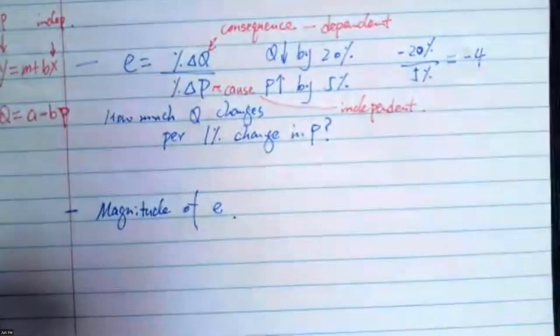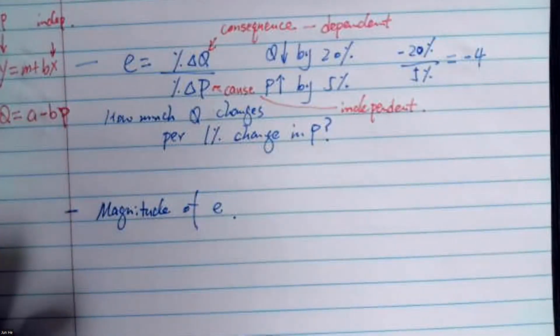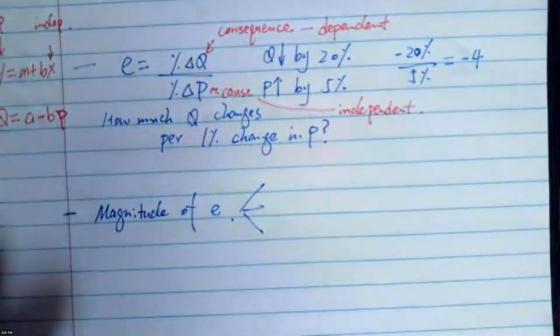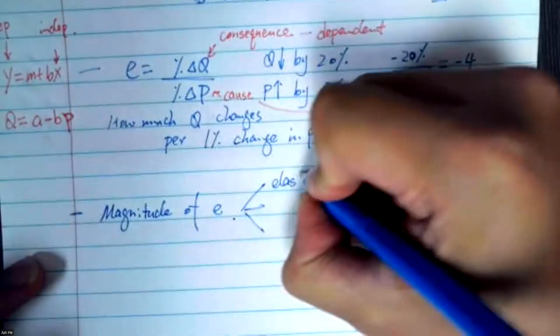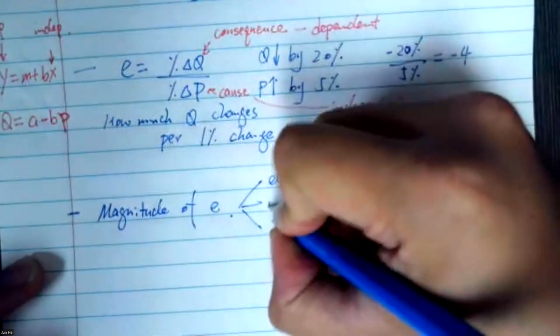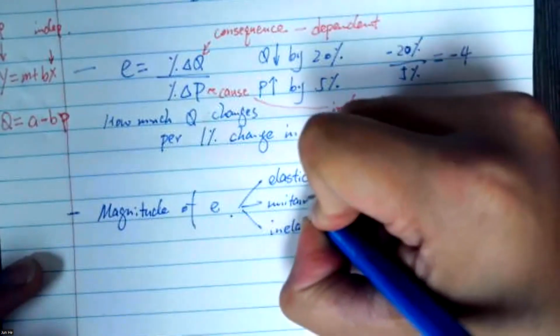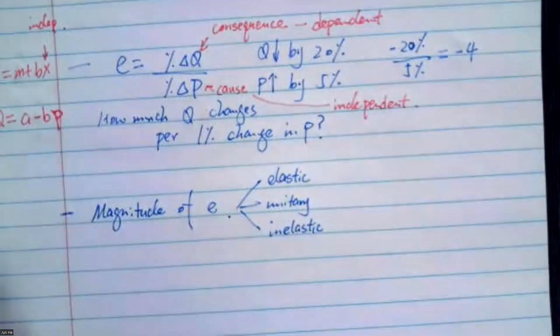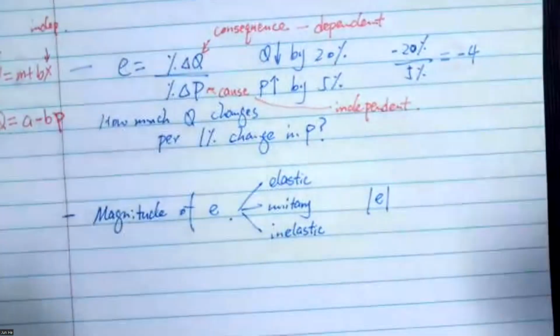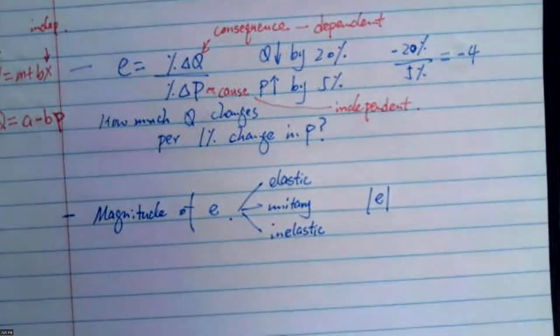But when you are actually interpreting it, which is to say categorizing a consumer as an elastic, inelastic, or unitary elastic consumer, you need to look at the magnitude by looking at its absolute value.